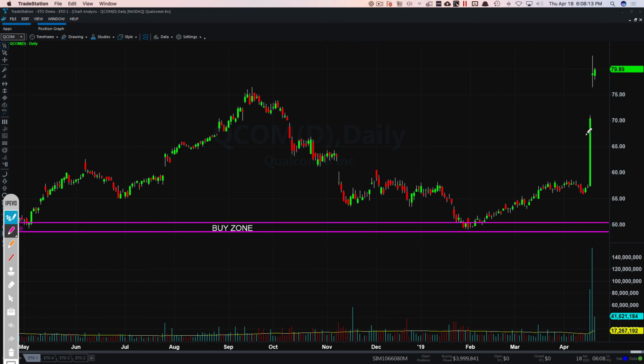And that's not surprising, because what this gigantic candle here is telling us is that there was massive, massive momentum to the upside. And when you have that much momentum going upwards, the odds are that it's probably going to want to continue. It's just got a huge amount of pressure there.